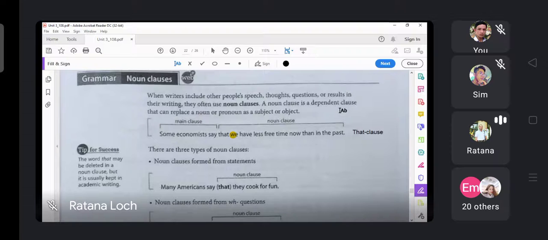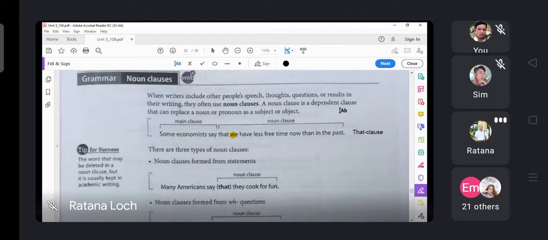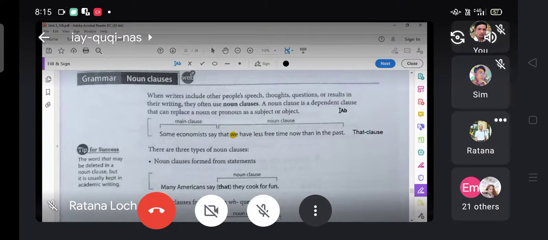A noun clause is a dependent clause. Everyone knows, right? Dependent clause means the sentence cannot stand alone. If it stands alone, it has no complete meaning. We don't understand the full meaning.